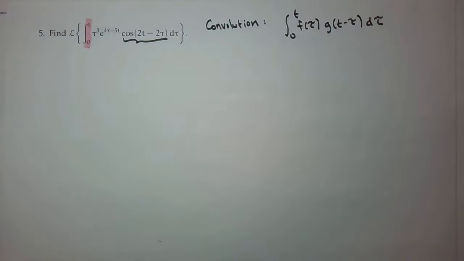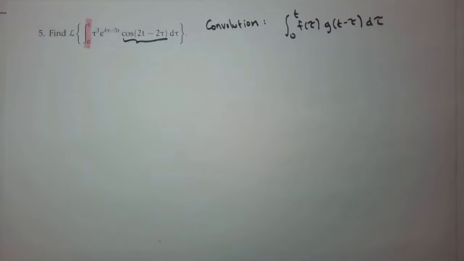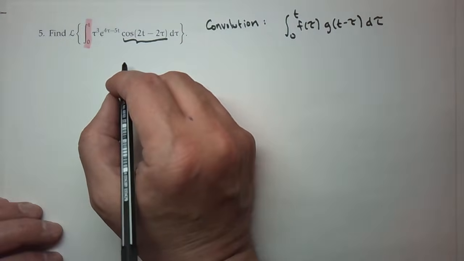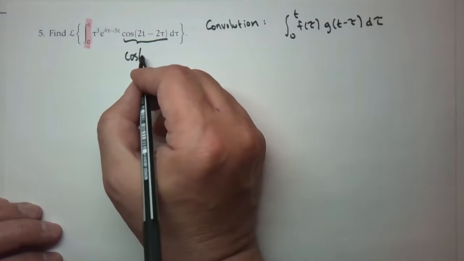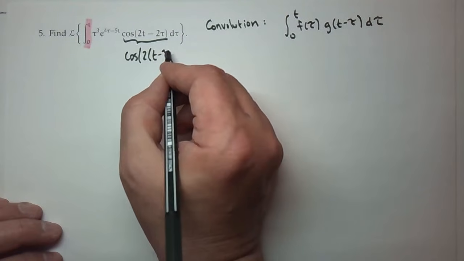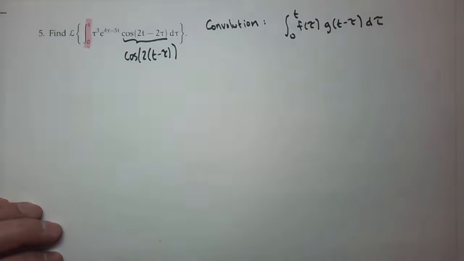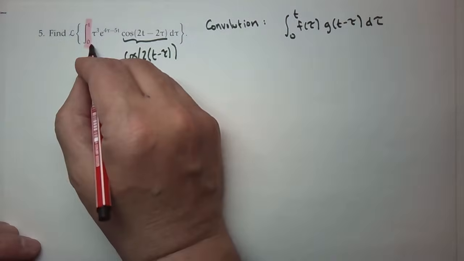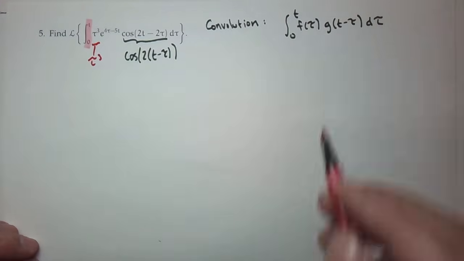Is there another way to write the inside of the cosine to make it either look like t minus tau or tau hanging out? I'm not being profound here. Just 2 times t minus tau. Yeah, it's cosine of 2 times t minus tau. Like, oh, that says, hey, it's a t minus tau. Cool. And then you have the tau cubed, and you're like, hey, that's tau cubed, that's cool.